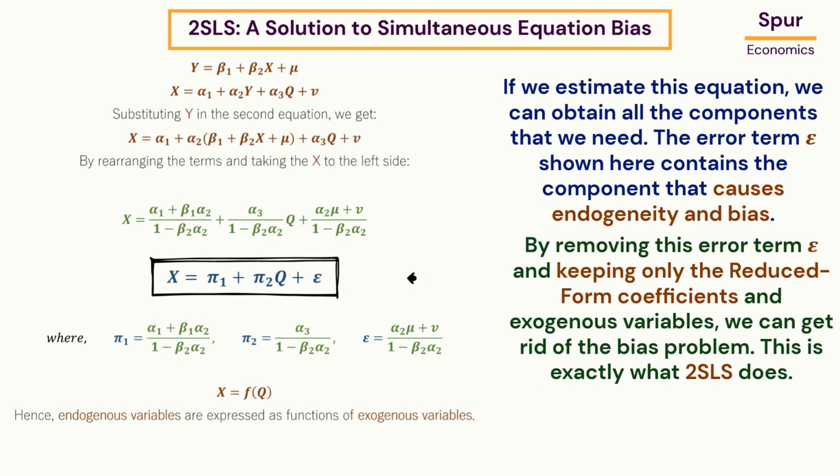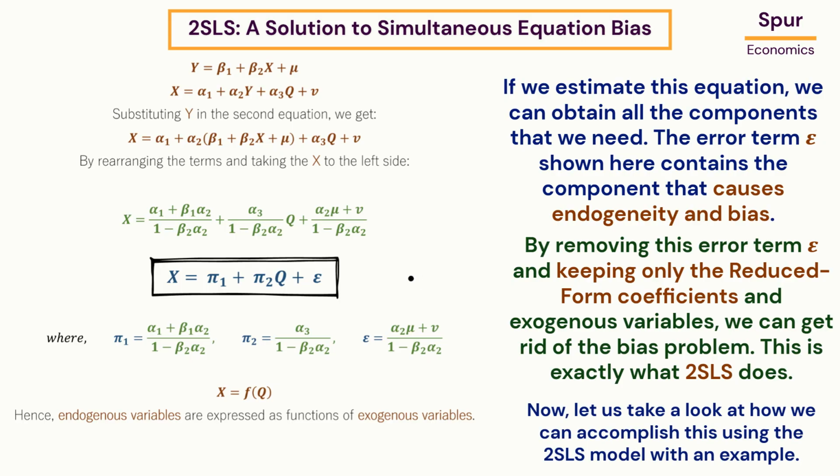If we estimate this equation, we can obtain all the components that we need. The error term epsilon shown here contains the component that causes endogeneity and bias. By removing this error term epsilon and keeping only the reduced form coefficients and exogenous variables, we can get rid of the bias problem. This is exactly what 2SLS does.